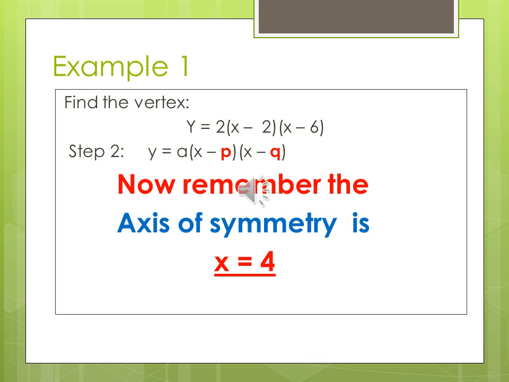You found that value, and what did you do with that value for the axis of symmetry to find the vertex? That's correct. We had to substitute it into the original problem. The same thing with this situation right here. Once you find the axis of symmetry, we're going to substitute it into the original problem.